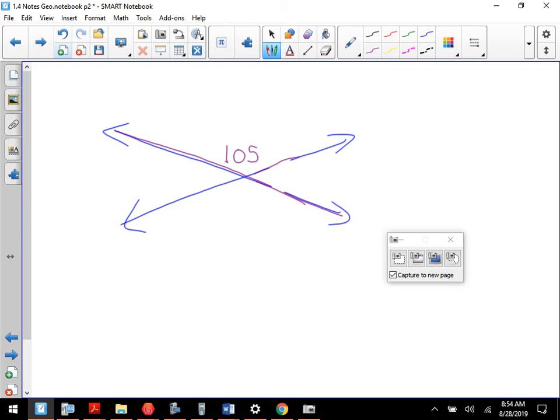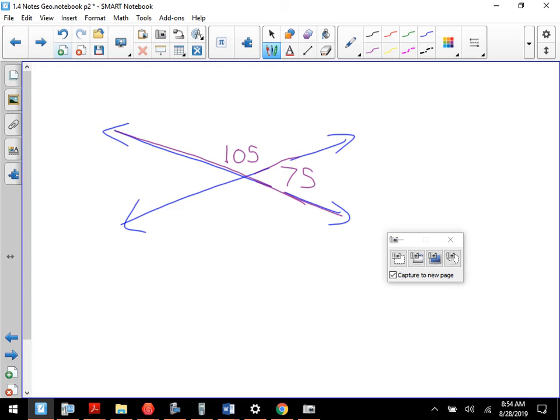If angle 1 is 105 degrees and it forms a linear pair with what was angle 2, how many degrees does angle 2 have to be? What would you do to figure that out? You'd subtract, and you're saying it right now. It's 75. Are we okay with that? 180 take away 105, you get 75.